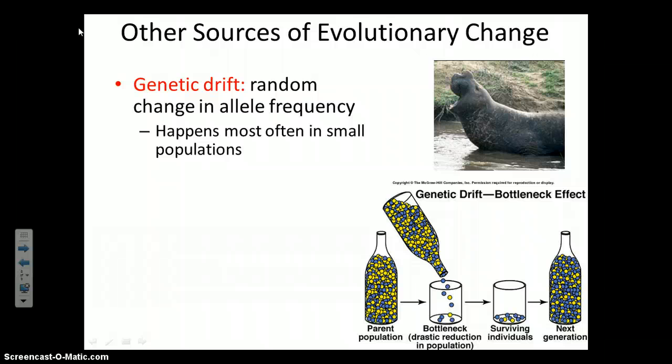So let's think about a really dramatic example. Imagine that you start off with a population of 2 individuals, and both of those individuals are heterozygous for a particular trait that's controlled by just one gene. So let's go back to our classic example of flower color in peas.